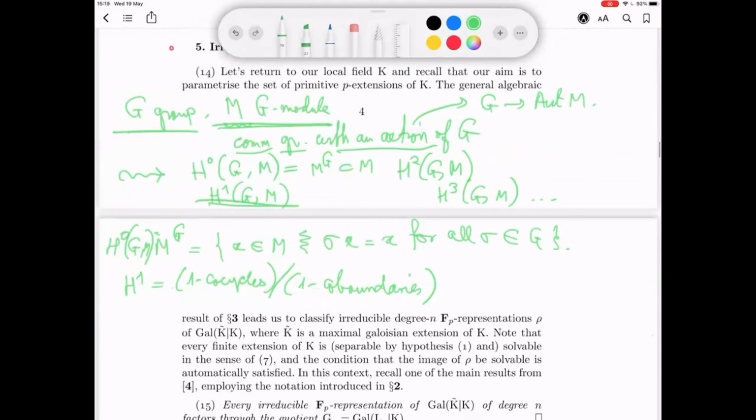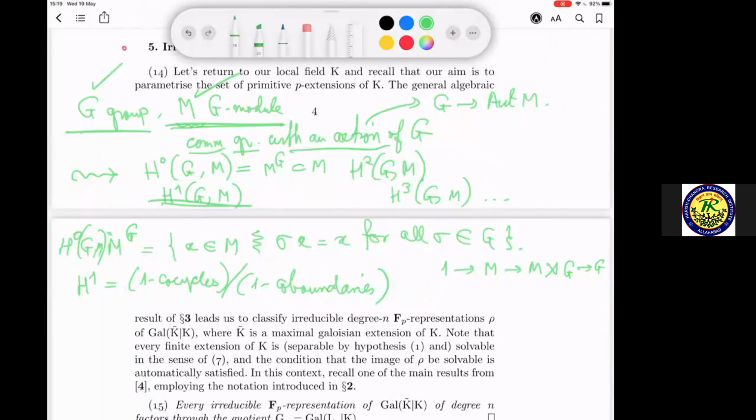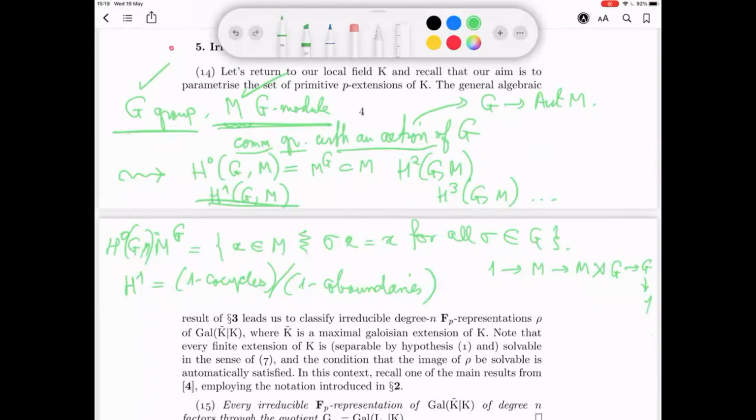You have this G and this M, then you can form this M sits inside. You can form what is called the semi-direct product, right? This is the semi-direct product. So you have to recall what that is.